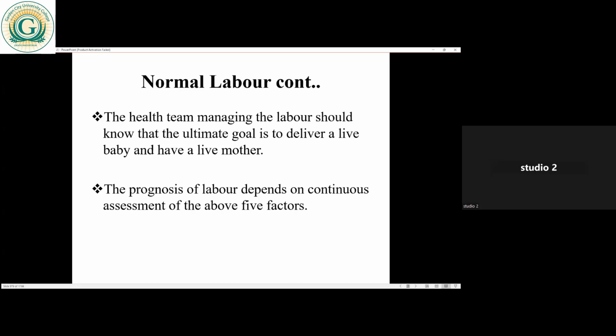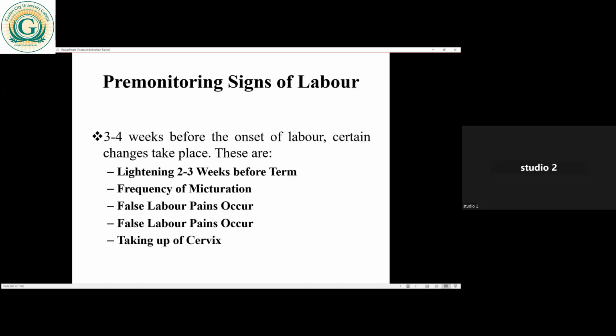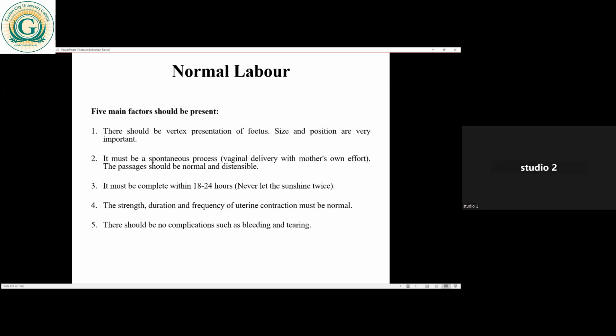The prognosis of the labor depends on continuous assessment of the above factors. And what are the factors which we just talked about? Fetus presentation, spontaneous delivery, and must complete within 24 hours. So if there's a deviation from any one of these, then the labor is not normal.